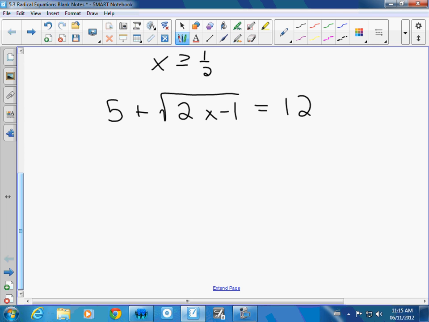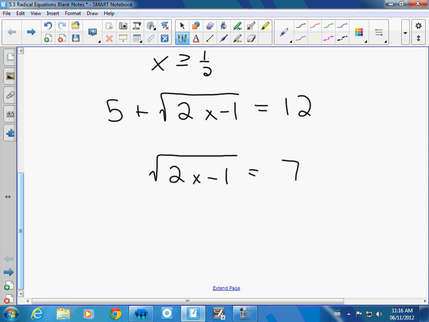The problem is it's not by itself, right? What do we got attached to it first? I'm not talking about the radical itself, the other parts of it. We have a 5. Can we move that 5? What do we do with the 5? Put it on the other side of the equal sign. What do we get? 12 minus 5 is 7.